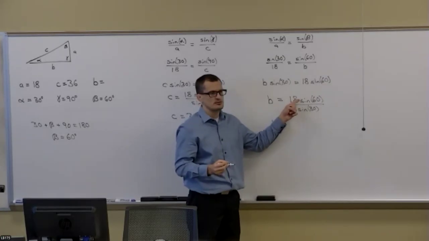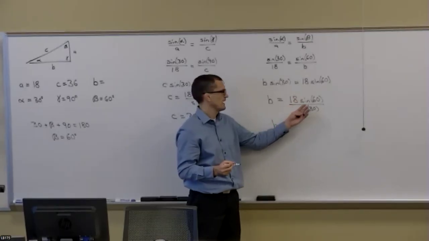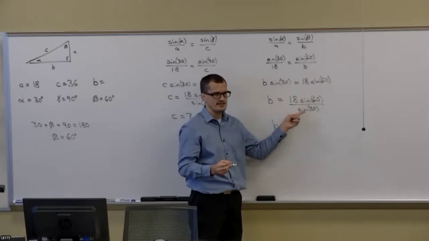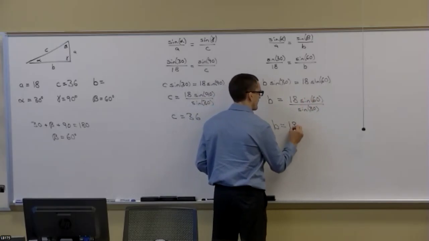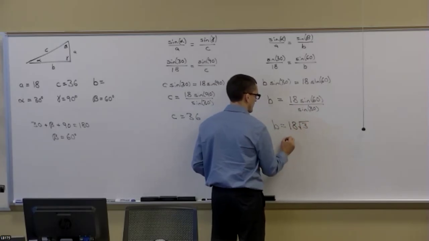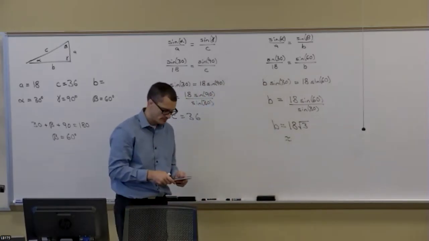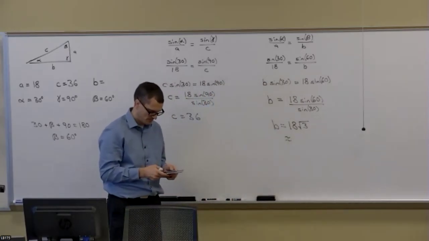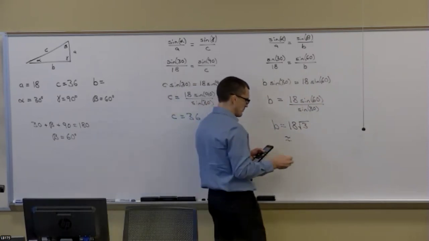Sine of 60 is √3/2. Sine of 30 is 1/2. So that just becomes a square root of 3. It's 18 times square root of 3, which is about 31.18.